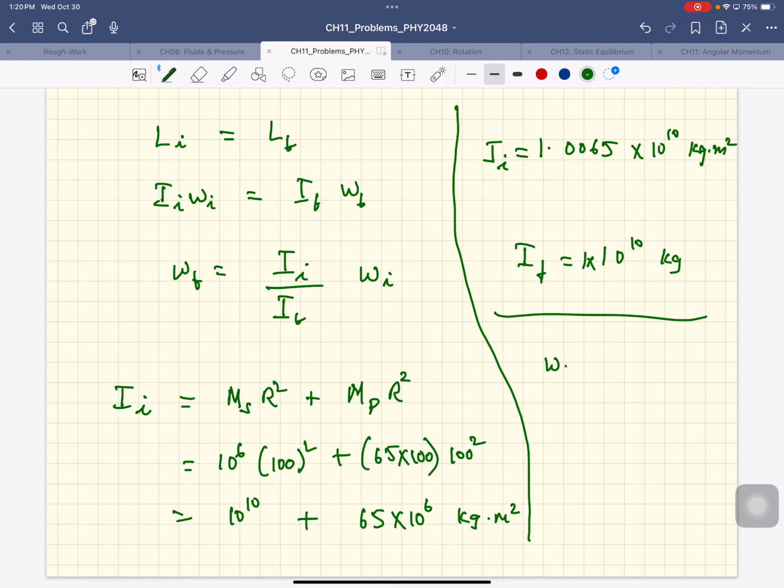So omega final is I initial divided by I final times omega initial. So the space station speeds up by a very small factor, about 0.65%.